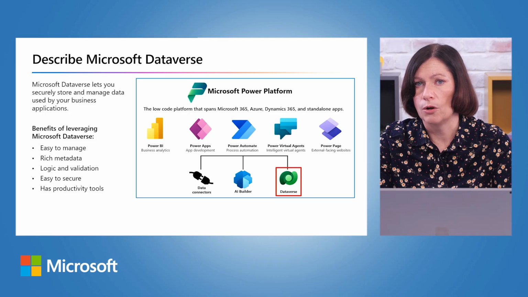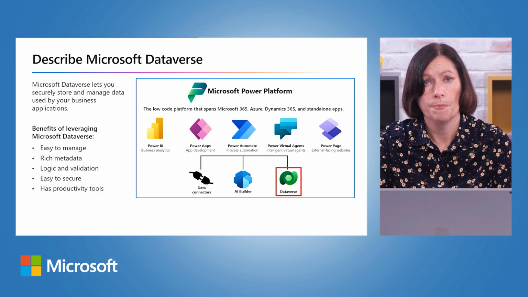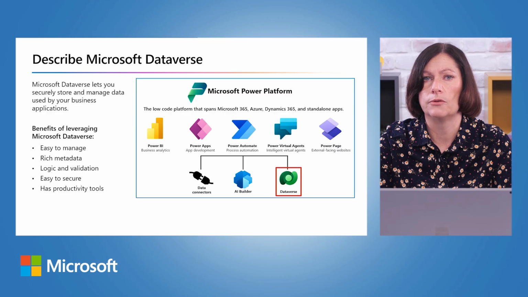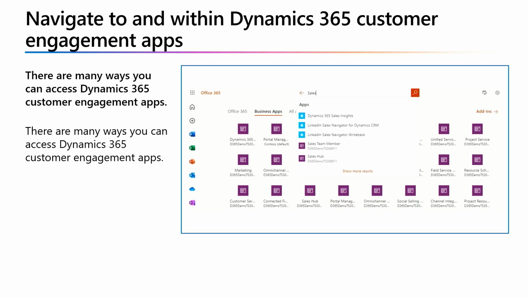Define calculated columns, business rules, workflows, and business process flows to ensure data quality and drive business processes. It also contains productivity tools. Tables are available within the add-ins for Microsoft Excel to increase productivity and ensure data accessibility.